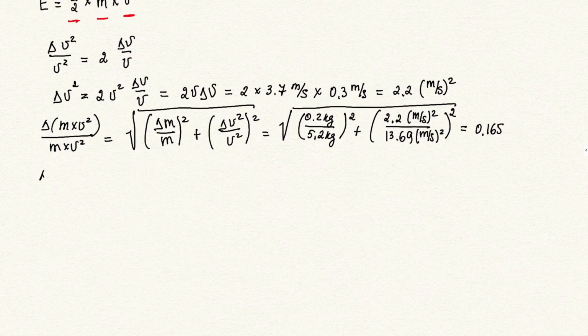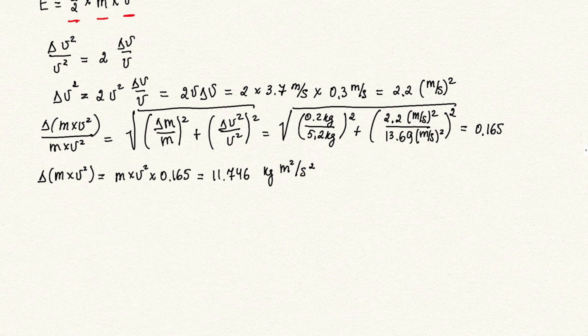So now we can find absolute error in m times v squared, which equals m multiplied by v squared multiplied by our result 0.165, and equals 11.746 kilograms meter squared per second squared.